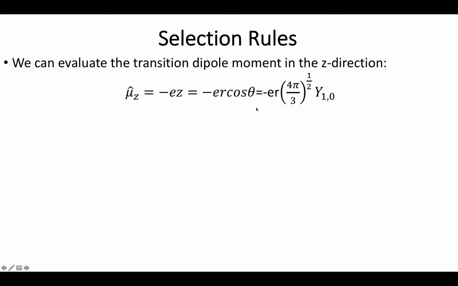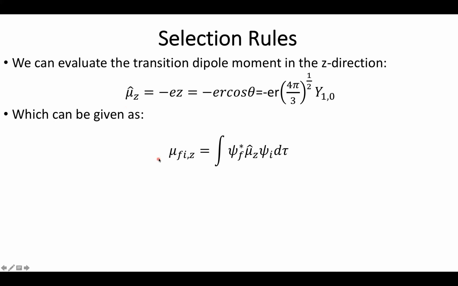So we can now use this expression for our transition dipole moment operator in the z direction. If I want to figure out whether I can make the transition from I to F in the z direction, guess what? We have to apply our operator to a wave function. Go figure. And as is always fun in angular components, we have to do this over all space.